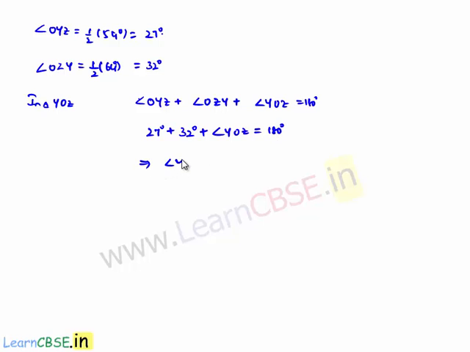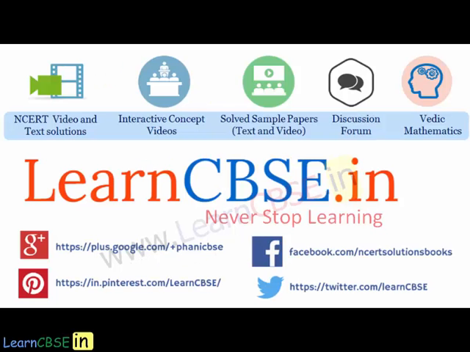That implies angle YOZ is equal to 180 degrees minus (27 degrees plus 32 degrees), that is 180 degrees minus 59 degrees, which is 121 degrees. Therefore here we got the YOZ value as 121.